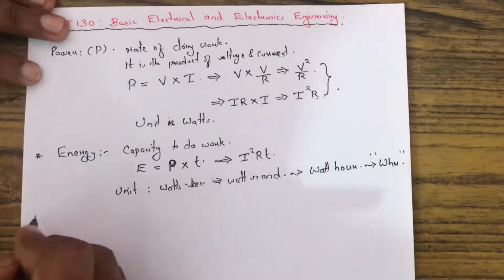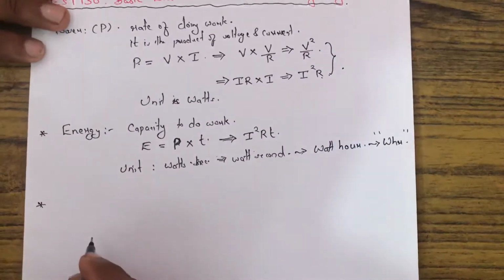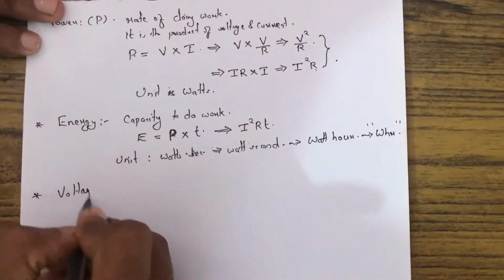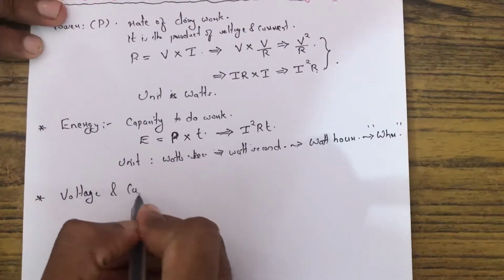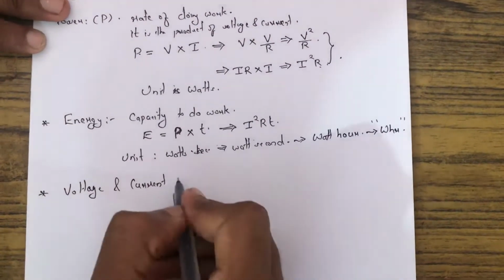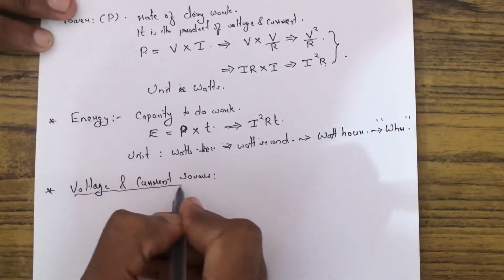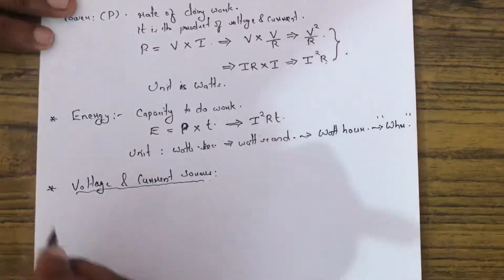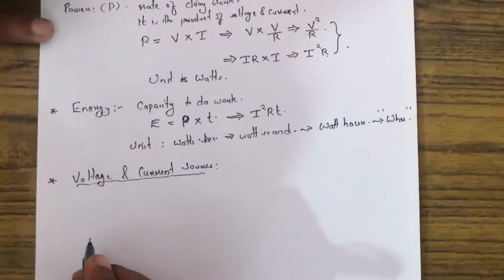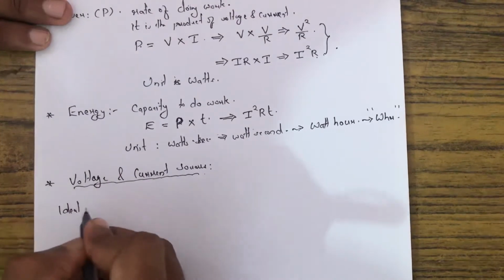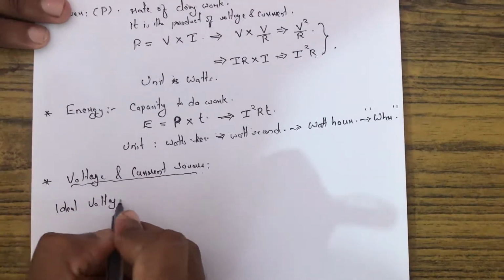Now let us see some of the sources, the different types of sources in a DC circuit, that is the voltage sources and current sources. Let us first see about the ideal voltage source.